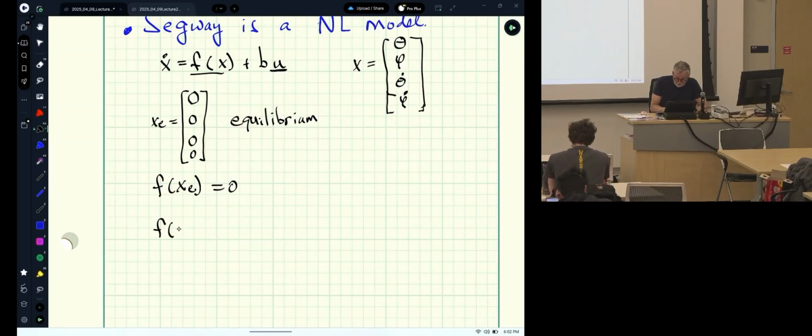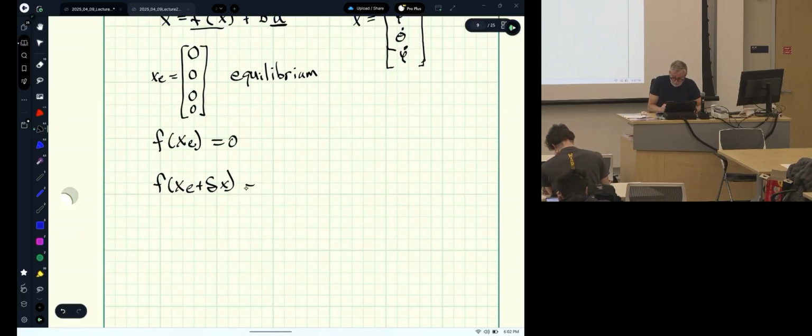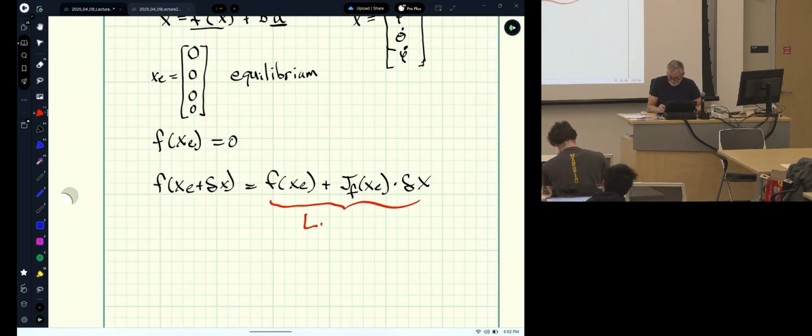Well, if we perturb away from the equilibrium, we know from calculus that this can be written. Okay, so that's the linearization of that. That's the linearization. At the equilibrium, this is 0.